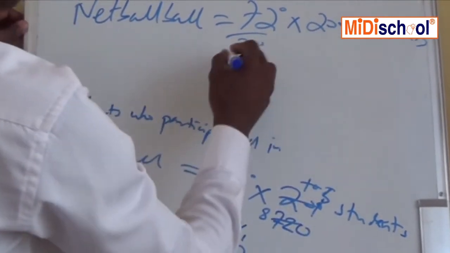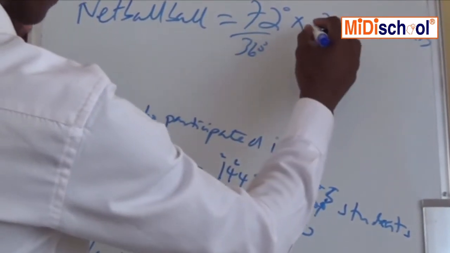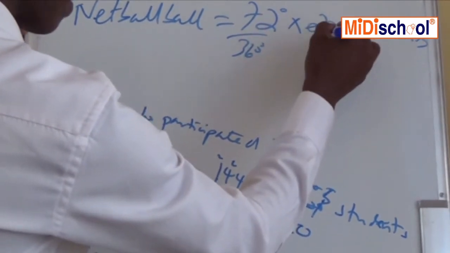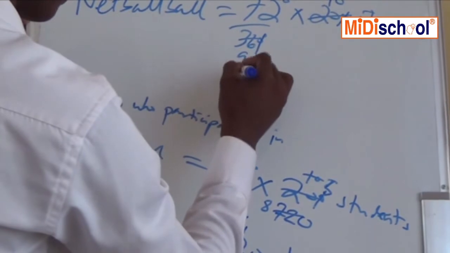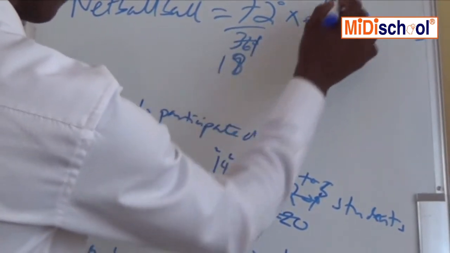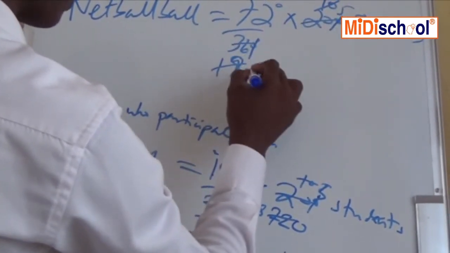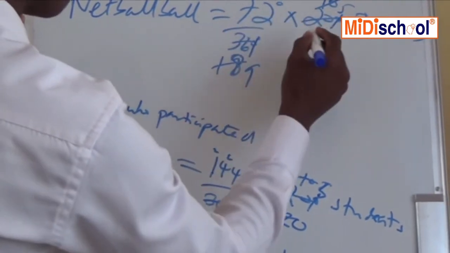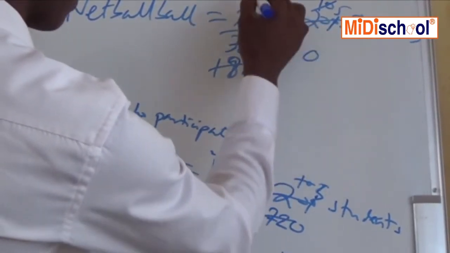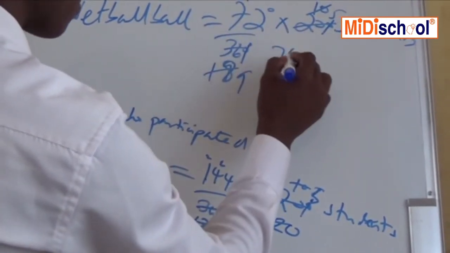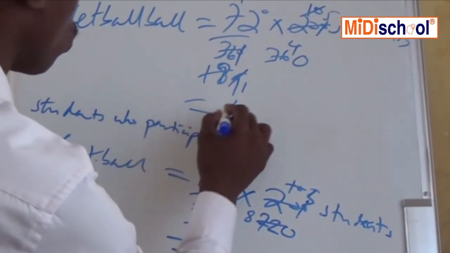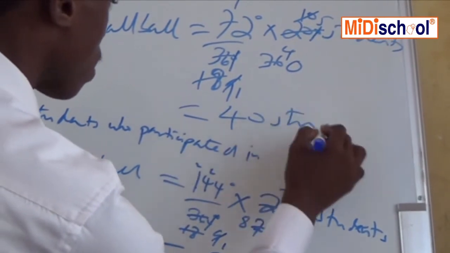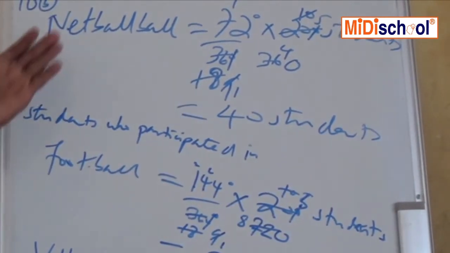Remember the 0 and 0 cancel out, and by 2, 10, by 2, 18. By 2, 5, and by 2 it is 9. Now multiply 5 by 72, and it's going to be 10, carry 1, 35, 36. And by 9, 1, by 9, 4. So this is going to be 40 students. 40 students for netball.